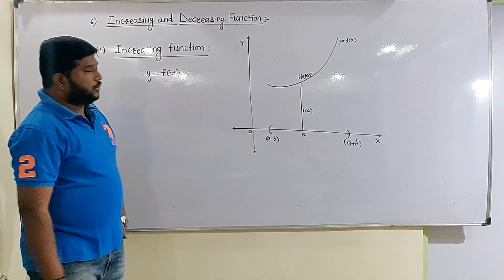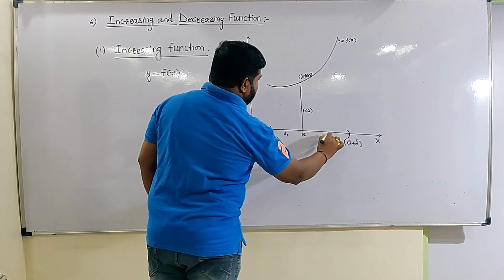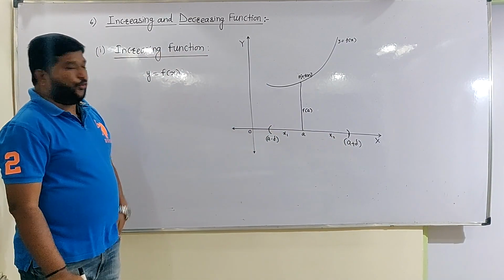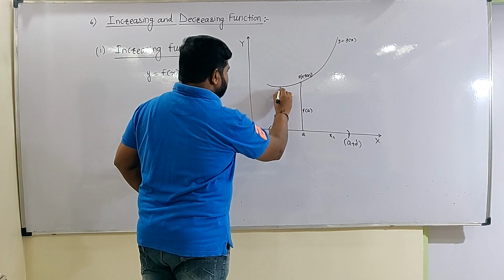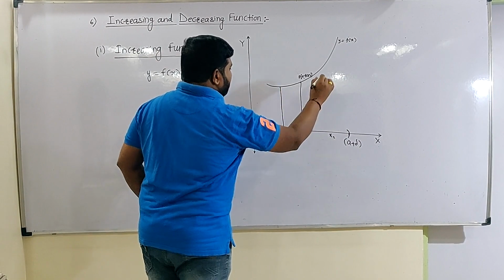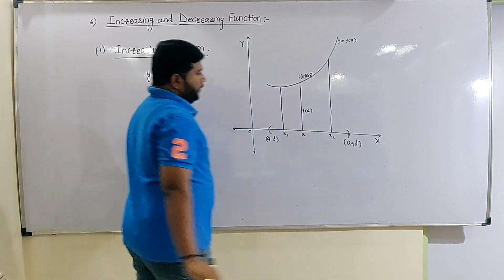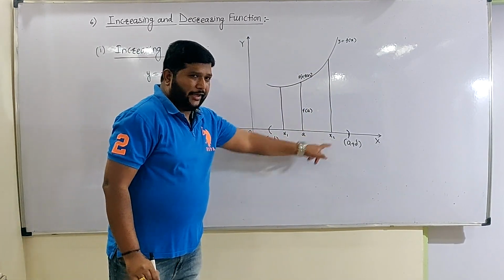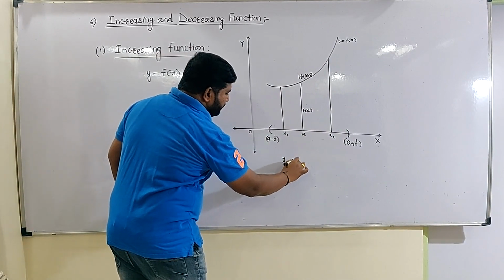In that neighborhood there are two points, x1 and x2. By this we write directly x1 is less than x2.